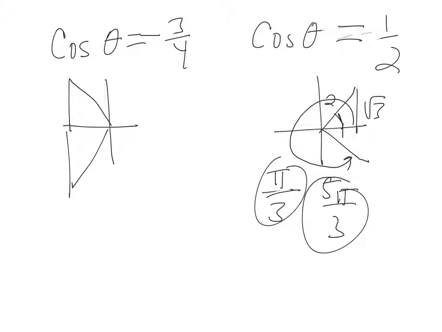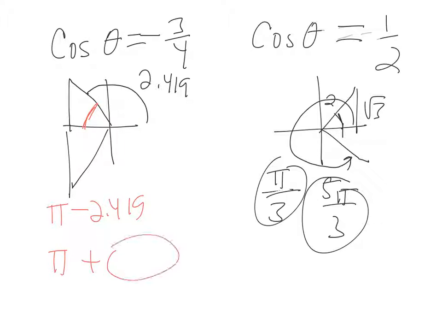And that's given me 2.419. And of course, as we saw in that other video, or the other exercise, I have to find the reference angle, then add that to pi. So pi minus 2.419, and then I'm going to take pi plus that answer.